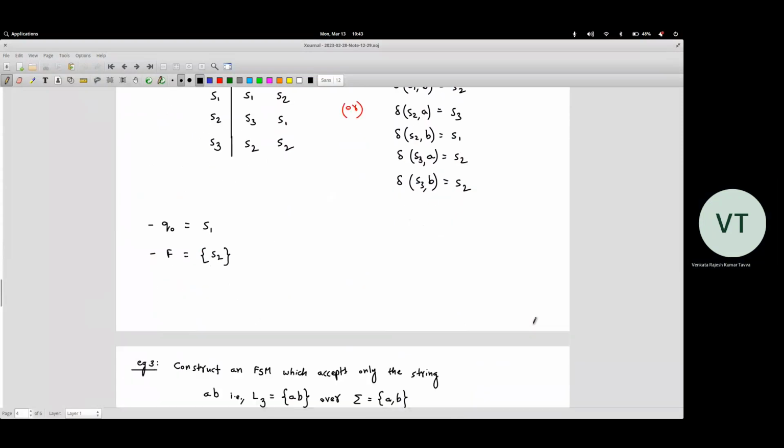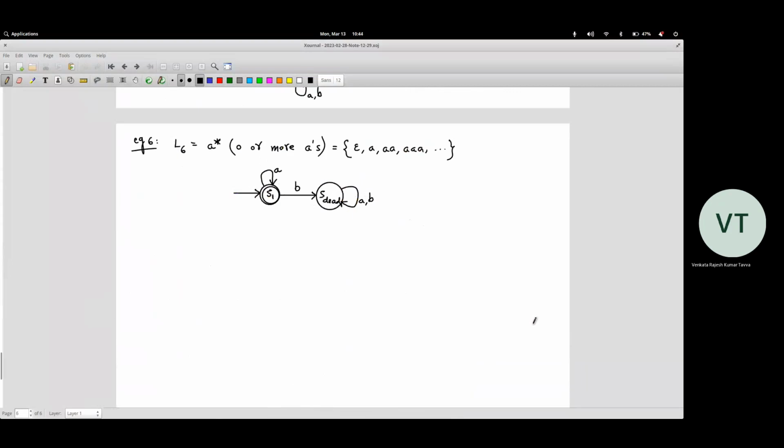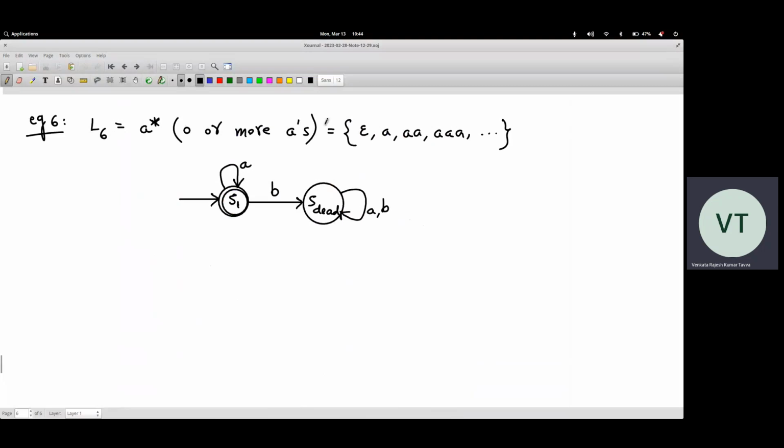So now, in the last example, I said that if you want to accept strings of the form A star, that is 0 or more A's, it should accept epsilon, it should accept 1 A, 2 A's, 3 A's, and so on, any number of A's.